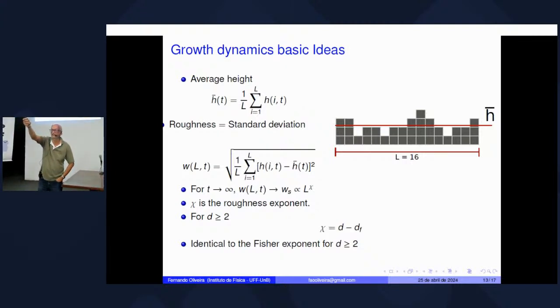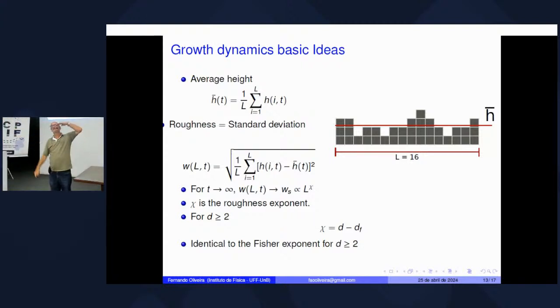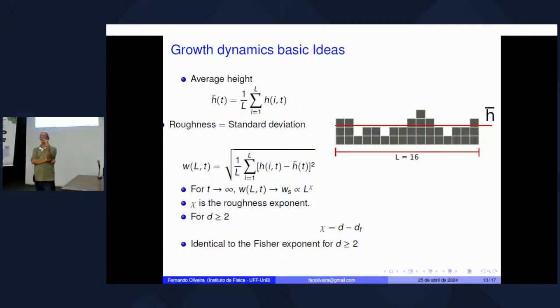Let's say as a model, for the Ising system, for 2 dimensions you have the exponent.